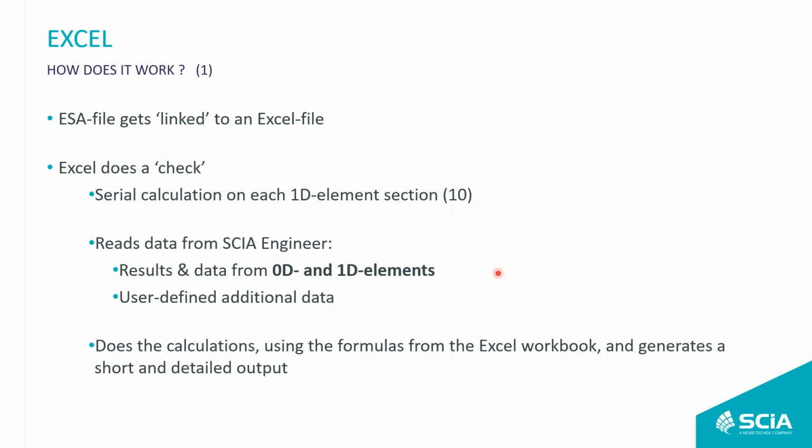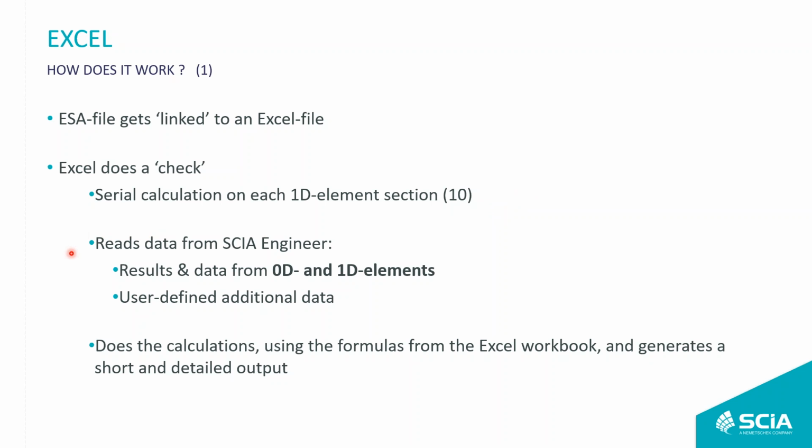And afterwards, we will link the ESA file to this Excel file. Excel will do the check, so Excel will do the calculation. And in this case, it is a serial calculation on each section of each element. So this means it will do it one by one.